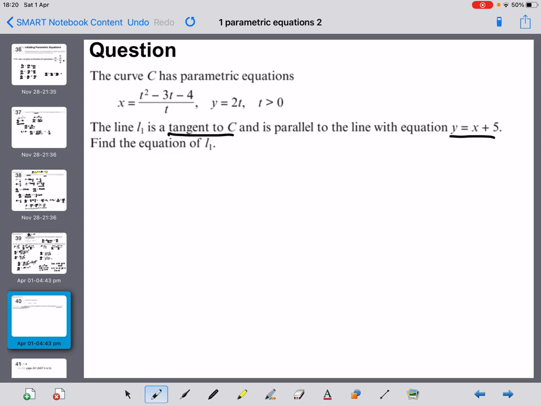If the line is a tangent, then we can use the gradient function because that is a function connecting the x value, or the t value in this case, to the gradient of the tangent. If it's parallel to that line, then we know that dy by dx has got the same gradient as that. The gradient of that is 1.